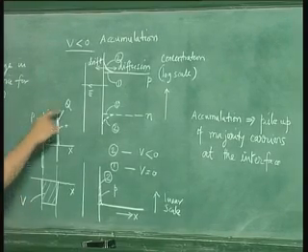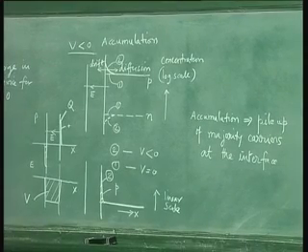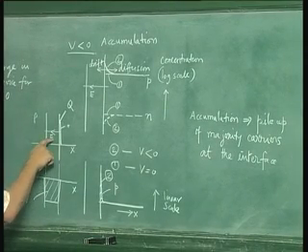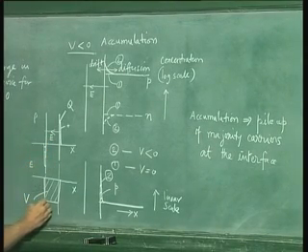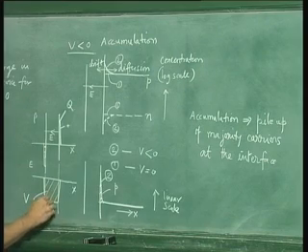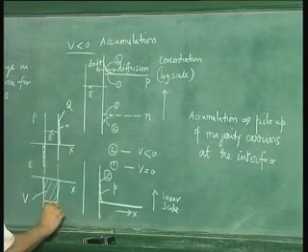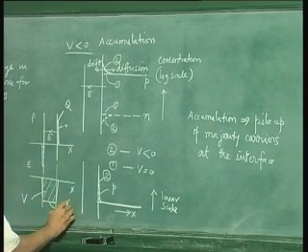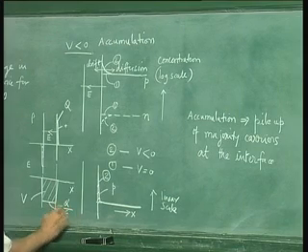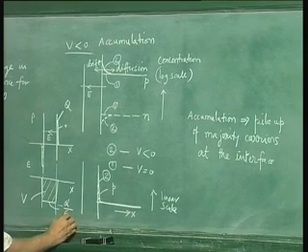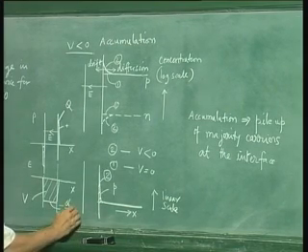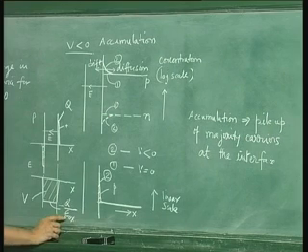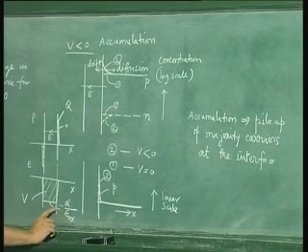We can therefore relate the charge to V, because by Gauss's law the electric field can be related to the charge as minus Q by epsilon ox, that is the permittivity of the oxide.